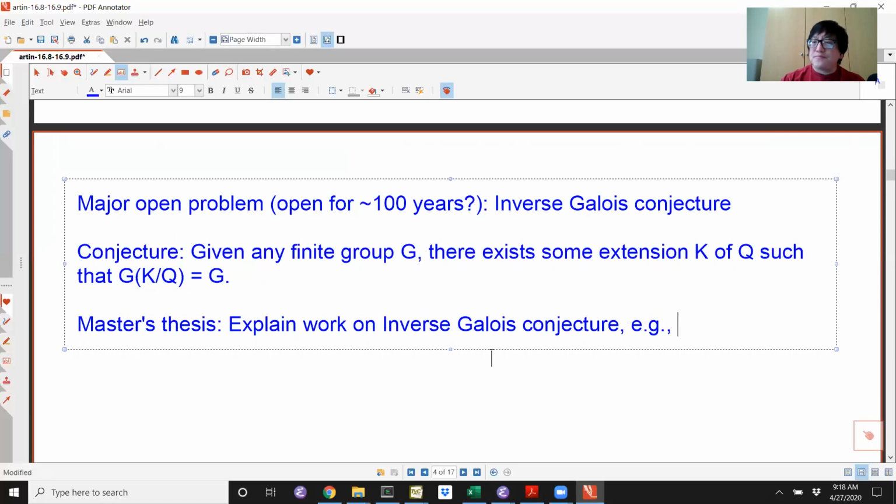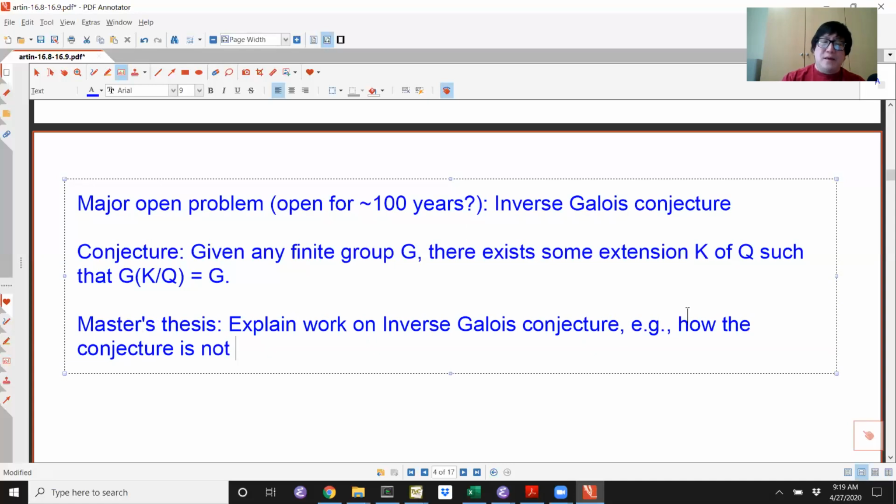For example, how the conjecture is not as hard. I can't remember, but I think that's actually solved if you get to replace Q with the thing that you want.